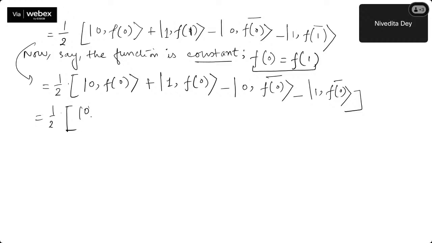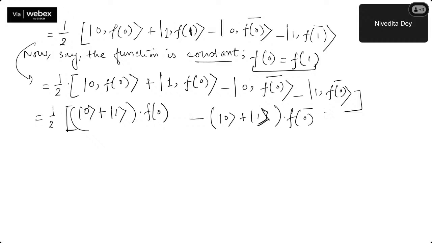So it will be |0⟩ plus |1⟩ and the whole thing with f0, and then minus |0⟩ plus |1⟩ and f0 bar. It is simple algebra, taking common and all. So it's half times |0⟩ plus |1⟩ into f0 minus f0 bar.